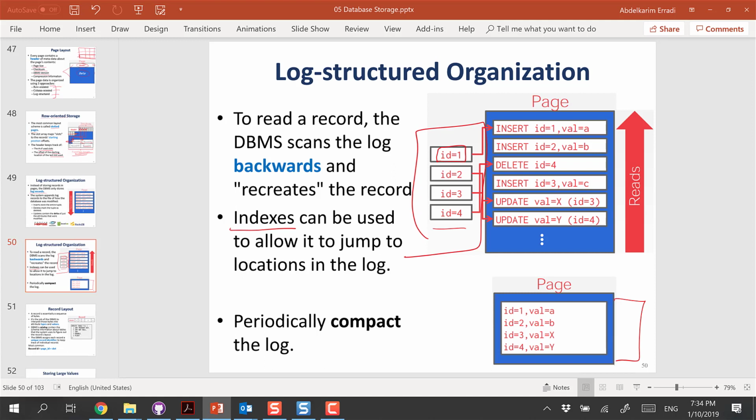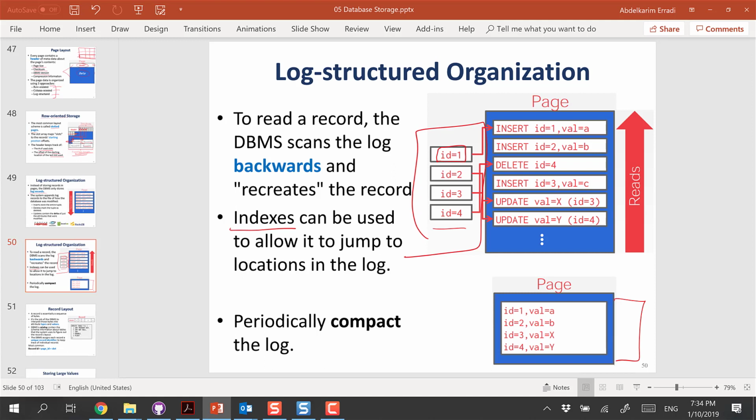Or the database, periodically when it's not busy, can go ahead and compact the records using the latest values. For example, I inserted a student and the email was student1@qu.edu, and then I later changed it to, let's say, my email at qu.edu.